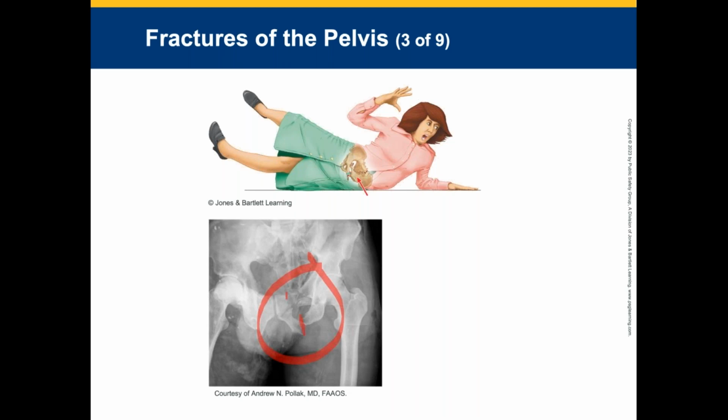You can see it displaced in here. That's going to cause shortening of the leg in this direction, and it will have an inward rotation of the foot as well. So this is a radiograph of the lateral compression fracture.